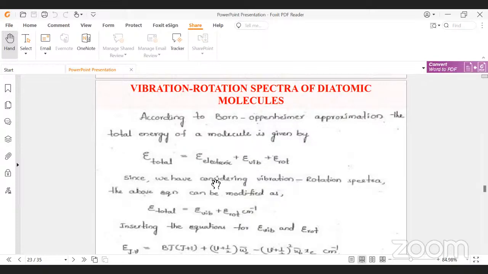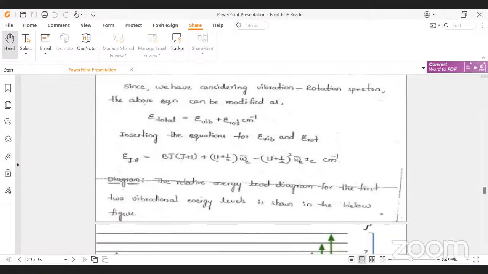Since we are considering vibrational and rotational spectra, the above equation can be modified. Then E total equals E vibrational plus E rotational. Inserting the equations for E vibrational and E rotational, where J is the rotational quantum number and V is the vibrational quantum number.